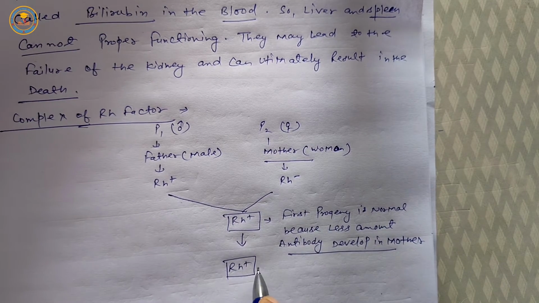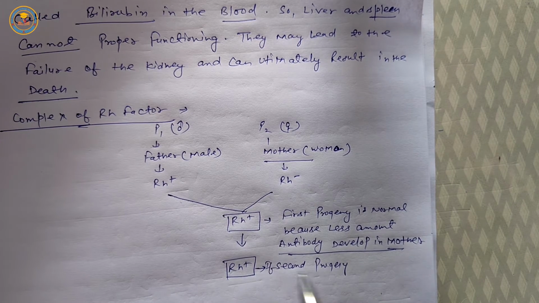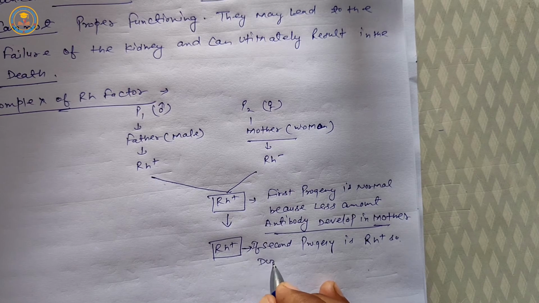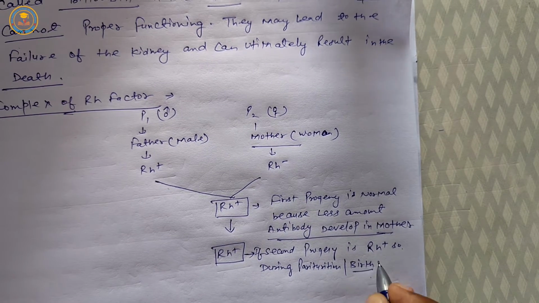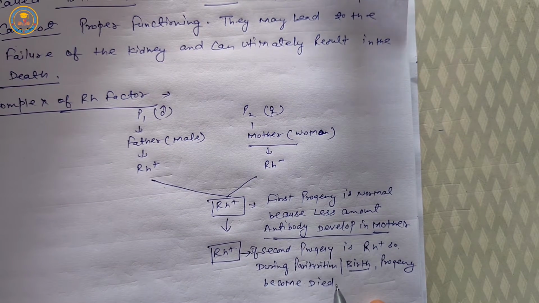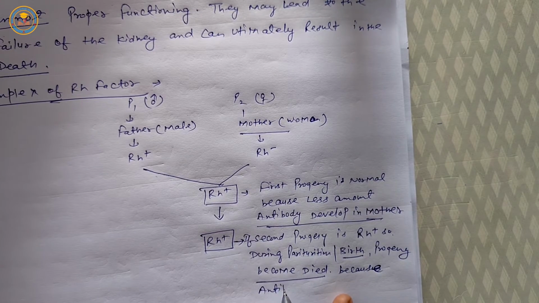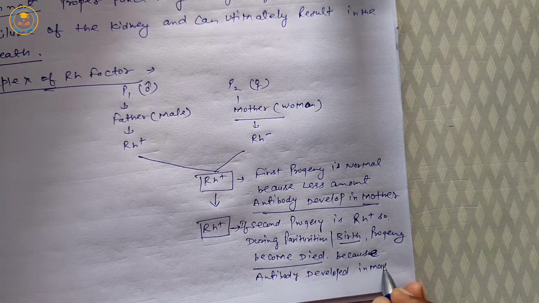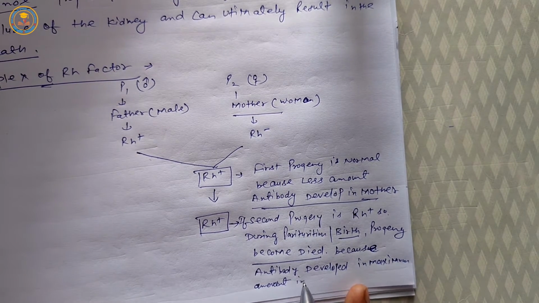But if the second progeny is RH positive, then during parturition and after birth, the progeny dies because antibodies developed in maximum amount in the mother.